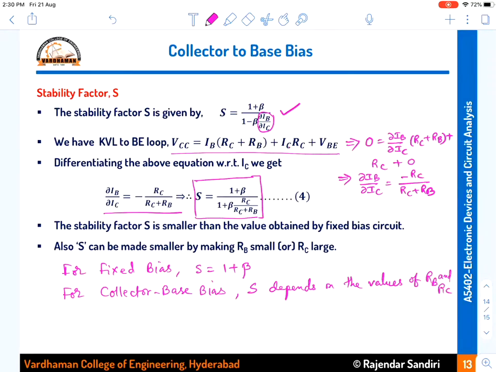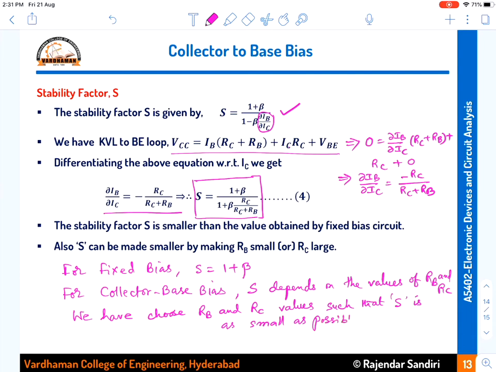Now we have to choose RB and RC values such that S is as small as possible. So there is a control now.